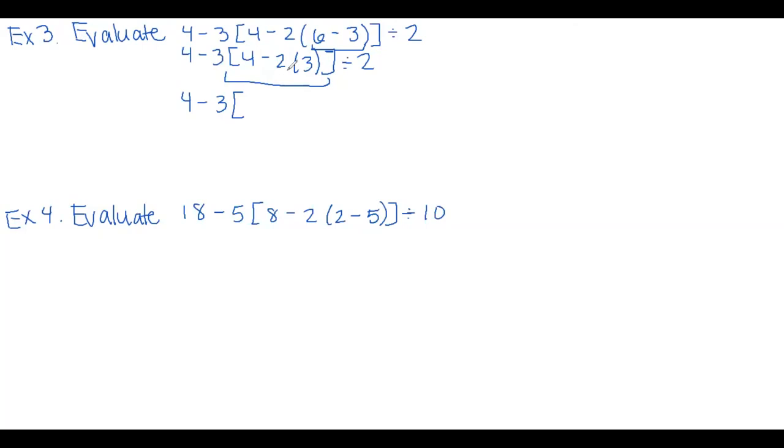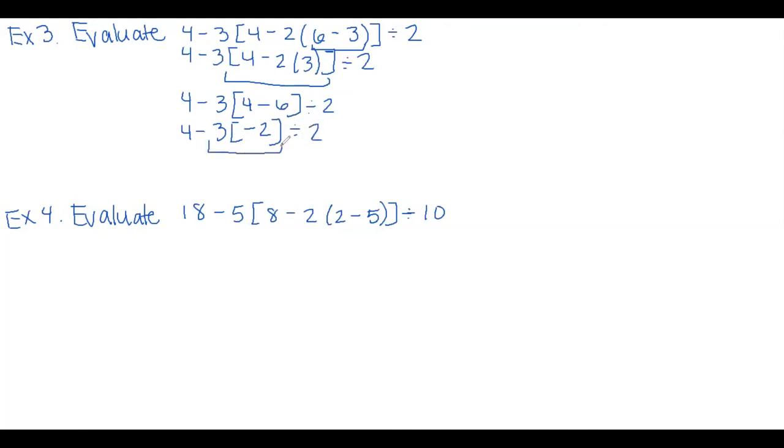We have to follow the order of operations at all times. So negative 2 times 3 is negative 6. So we've got 4 minus 6, and 4 minus 6 is negative 2.